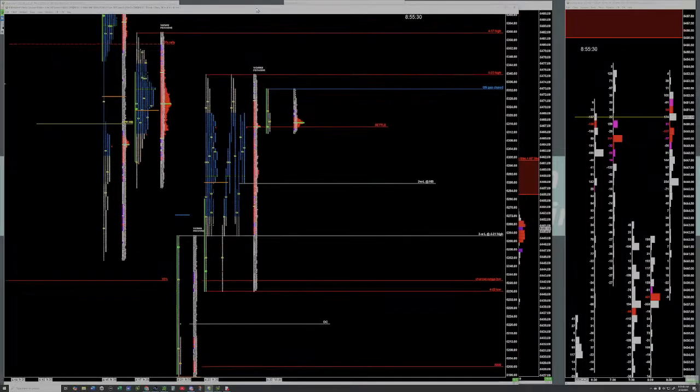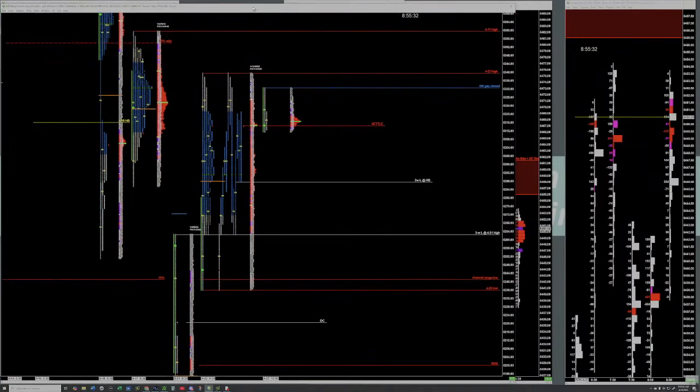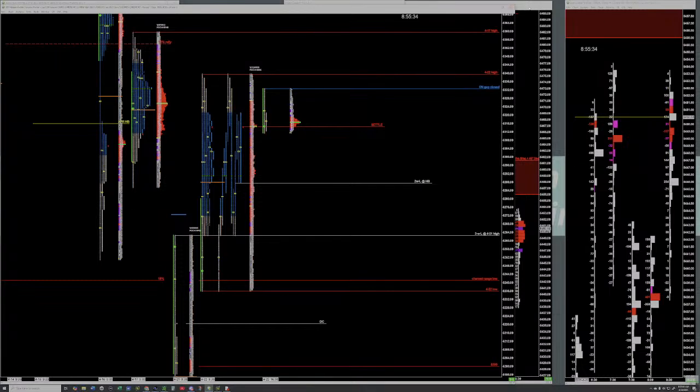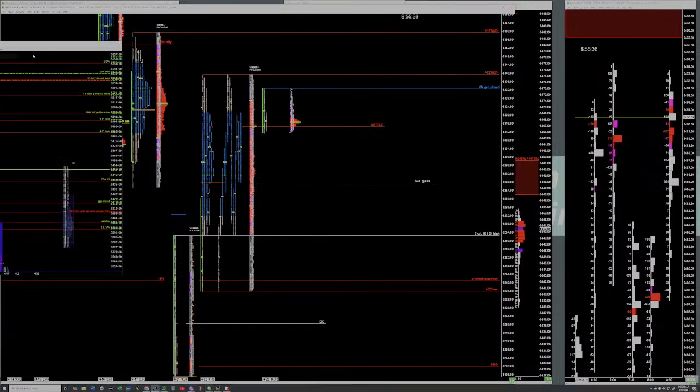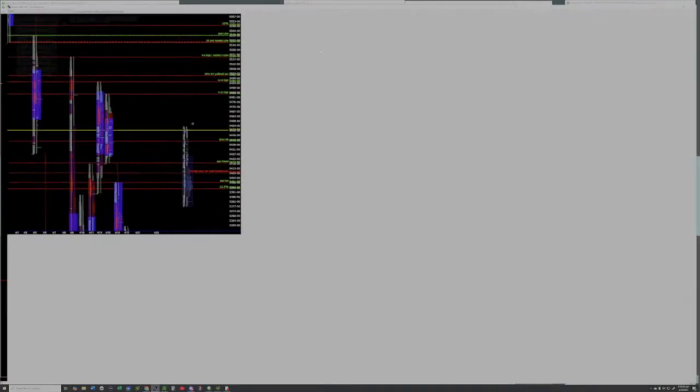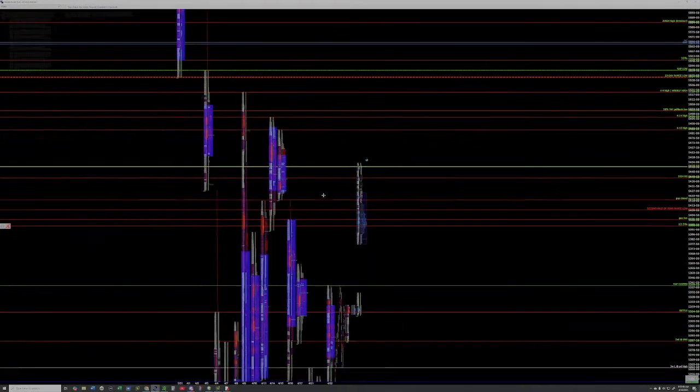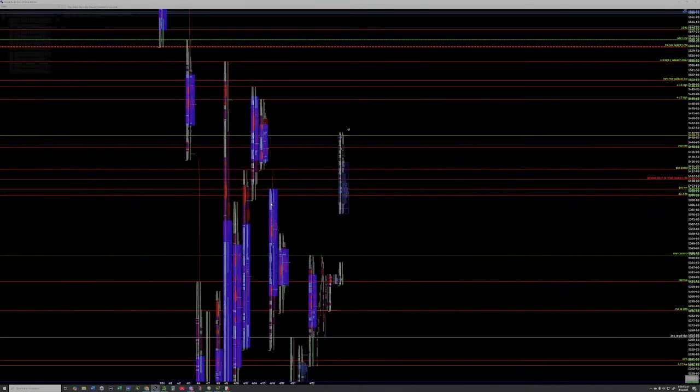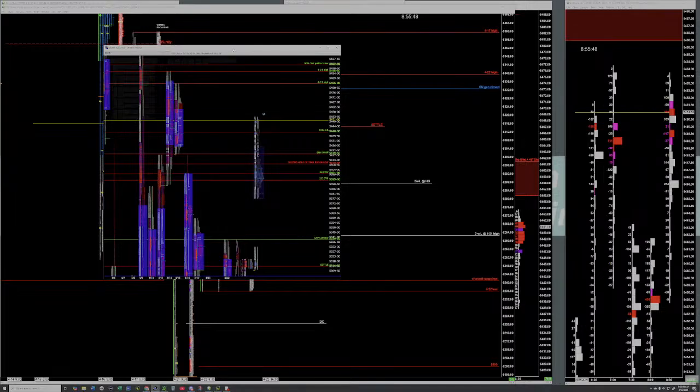I have been testing Sierra Chart this time. I still believe Windows, which is this one, is the best charting platform, but Sierra is really close, man.